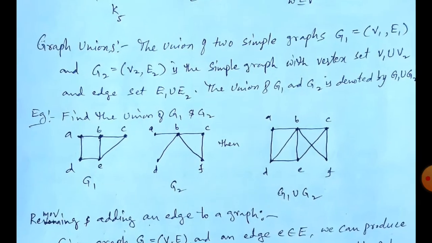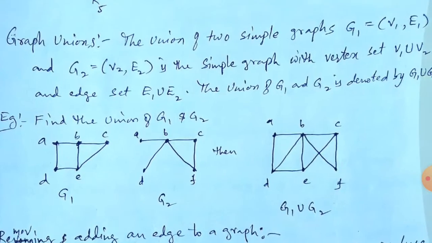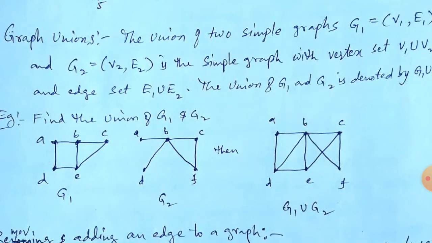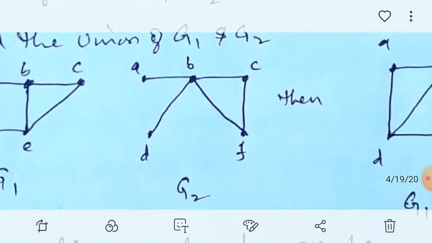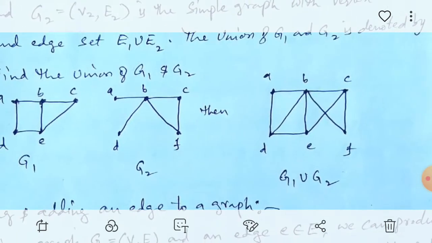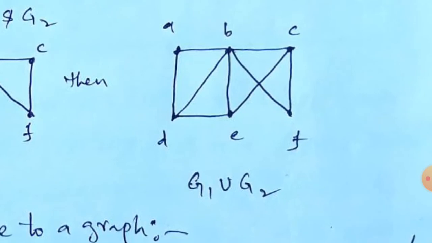Now graph unions. Similar to sets, where there is a union, it looks the same. Observe the union of two graphs. For example, G1 is a graph and G2 is a graph. Then G1 union G2 is given here.